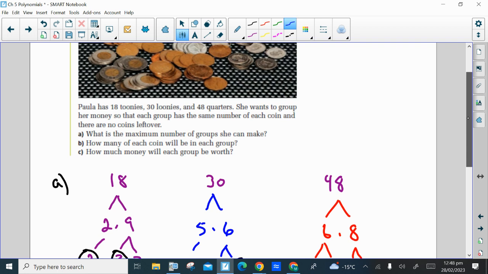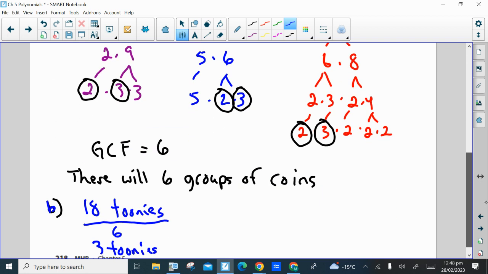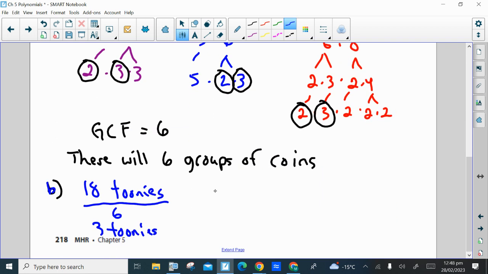There are also 30 loonies. And again, those 30 loonies are going to be divided up so that there are 6 equal groups of loonies. And 30 divided by 6 would be 5 loonies.